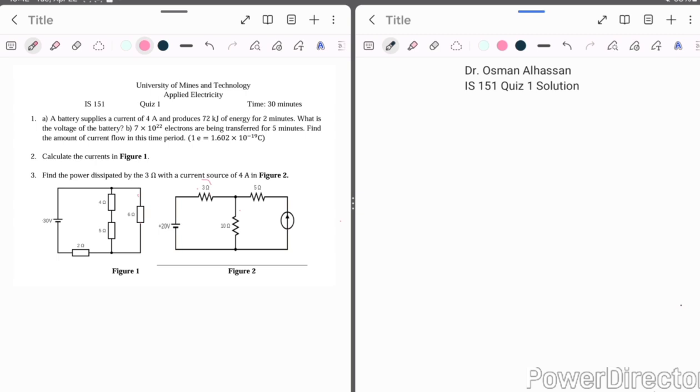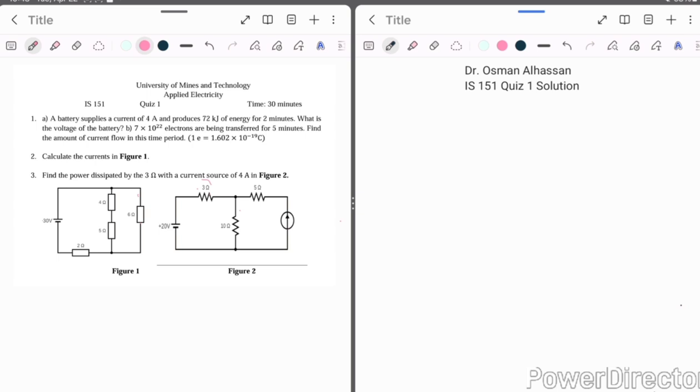This is to make sure that you are familiar with how to solve a circuit diagram problem using any of the different methods. I'll also be solving the other quizzes that I've conducted for the other programs, for example for computer students and the cybersecurity students, and I'll be uploading everything on YouTube. So this will allow you to have easy access to the solutions.